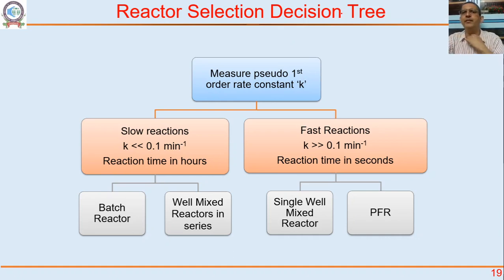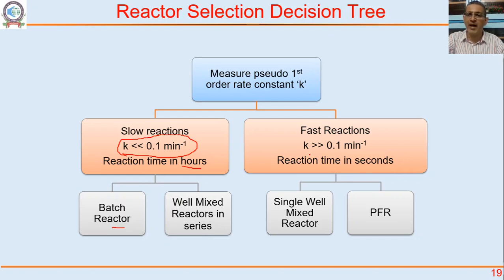selection decision tree. If our rate constant is very small, slow reactions, which means reactions take hours to complete, then batch is convenient. Plug flow is not convenient because I need kilometers of length. I can do batch or I can do well mixed CSTRs in series.